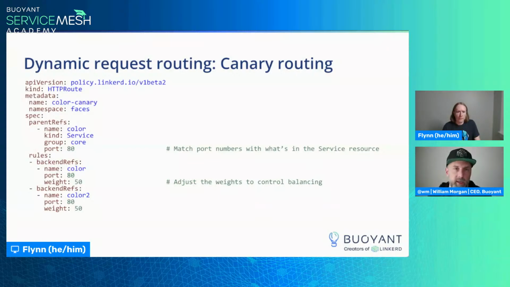That has a couple of implications for you, and if you think it through, in retrospect, yes, it makes sense, but it's a little strange. One implication is if you have non-meshed services calling the color service, they're not going to have this behavior, right? So this is only going to apply to meshed services that call the color service.